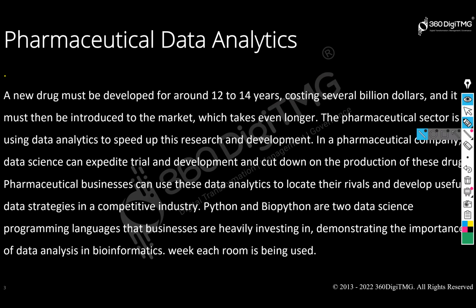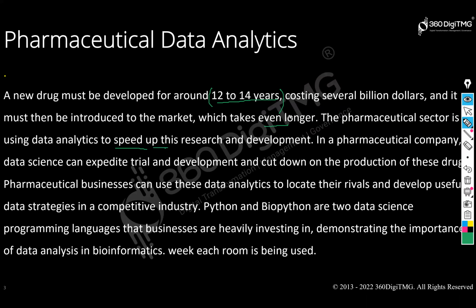How? A research is developing a new drug, my business problem, within 12 to 14 years. It will cost a billion, that is fine, but it takes much longer to enter the market, right? So how can data analysis or data science help achieve my goal? That is the question here.